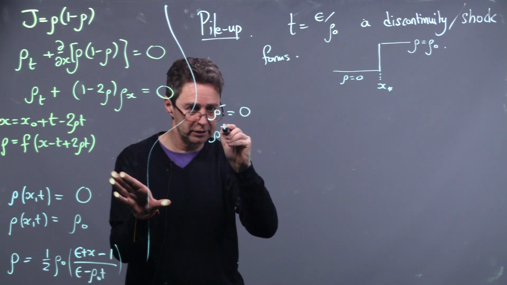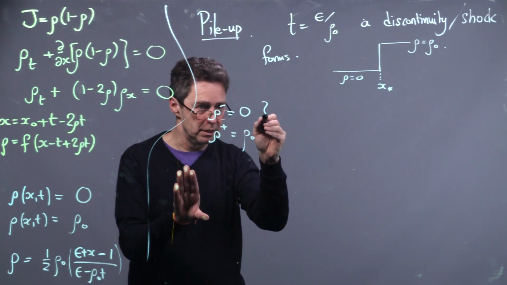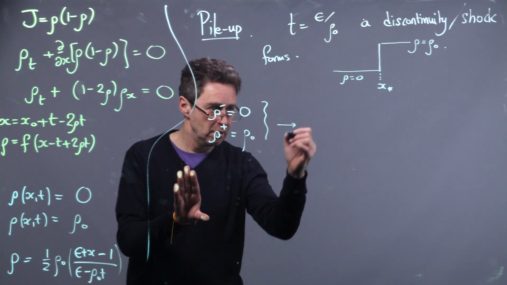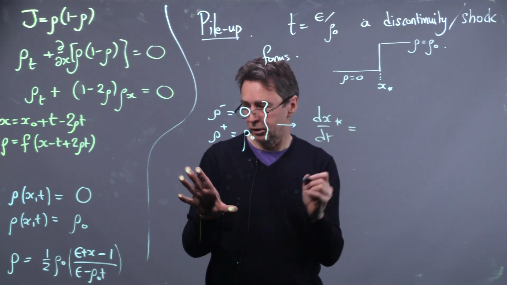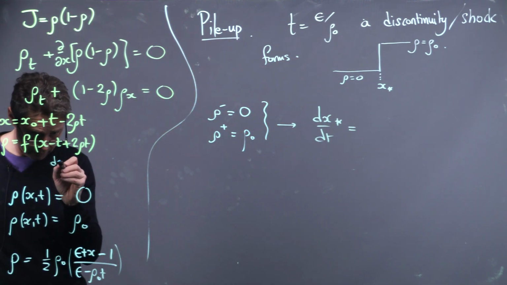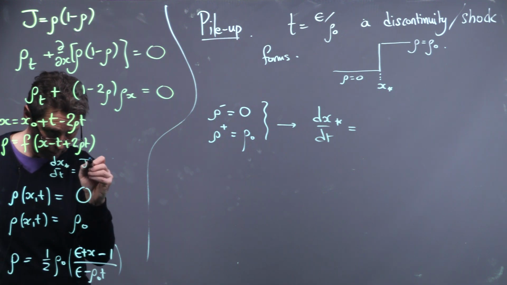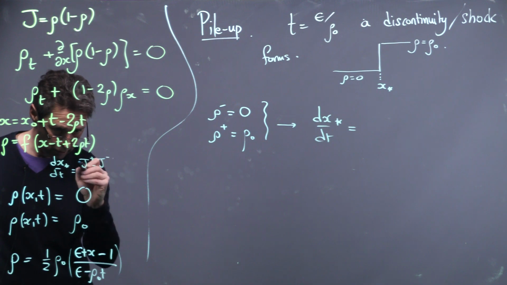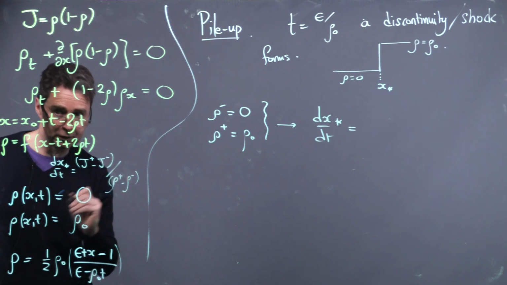We've got rho plus is rho naught, that's the value on the right. So that means that dx star by dt is equal to, using the previous results, I may as well put them over there. We've got dx star by dt, that was j plus minus j minus over rho plus minus rho minus.